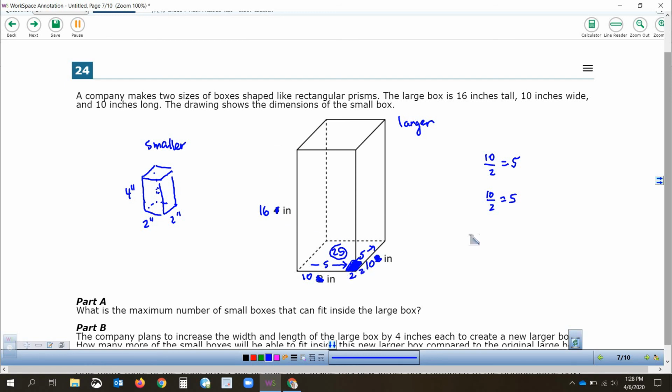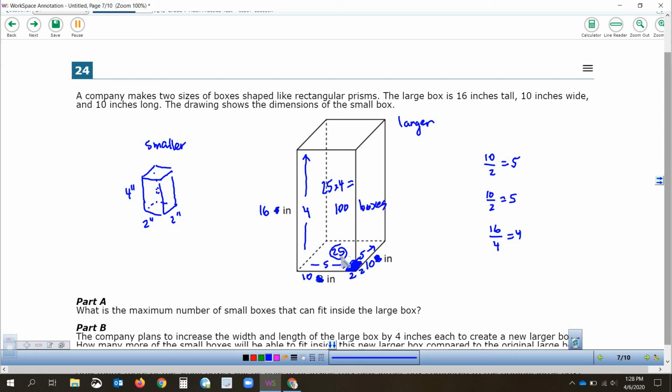Okay, but what about up and down? The height of the large box is 16, and the height of the smaller box is 4, and 16 divided by 4 is 4. So that means we could get 4 going up. Like I said, this is not to scale. We could get 4 going up and down. So if we could get 25 across the bottom and 4 going up and down to fill the entire box, it would be 25 by 4, or 100 boxes.